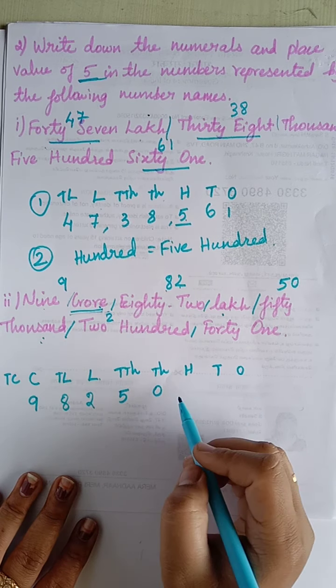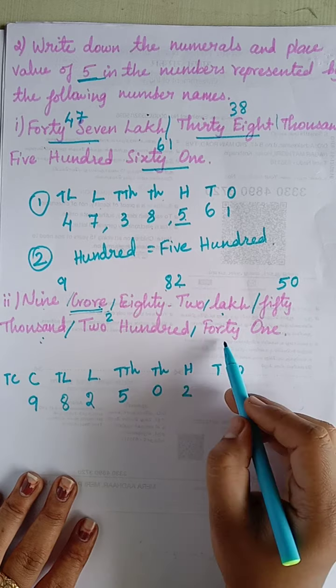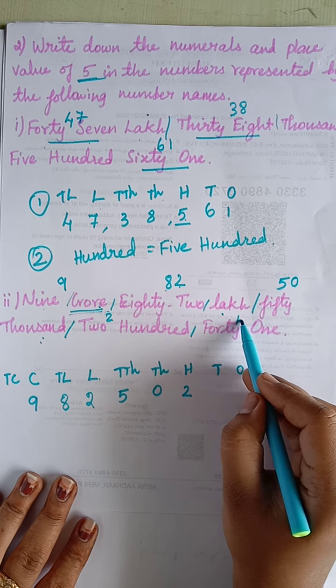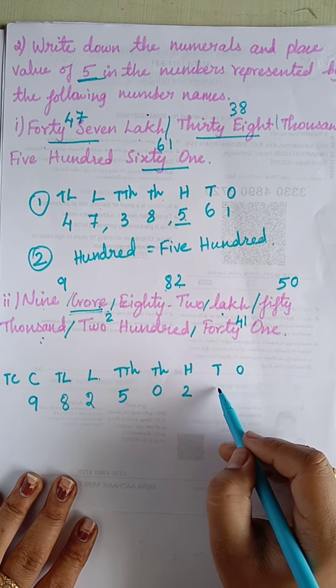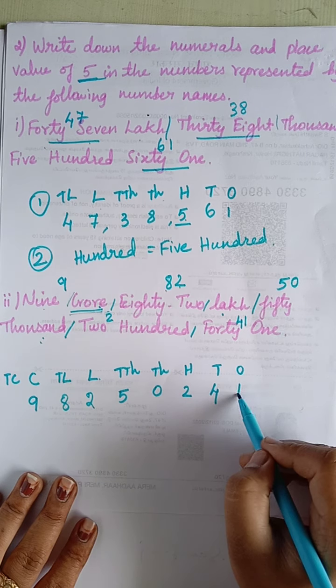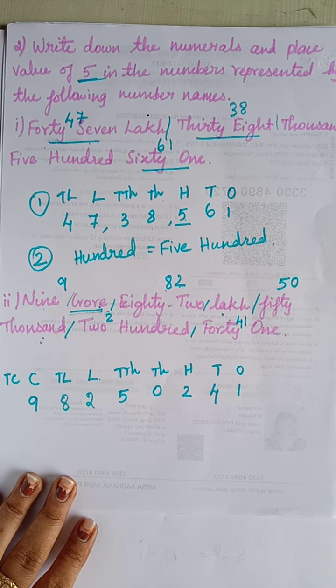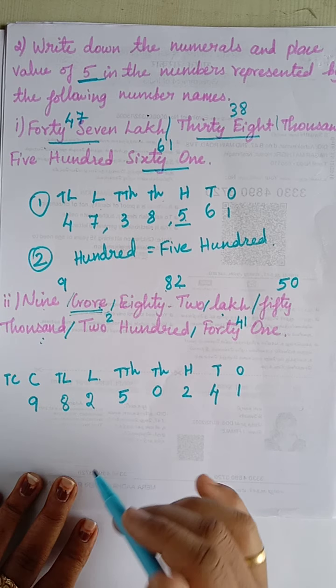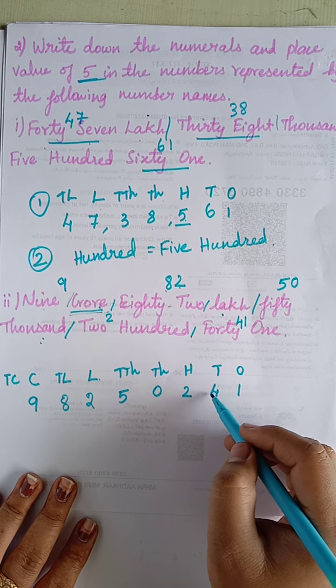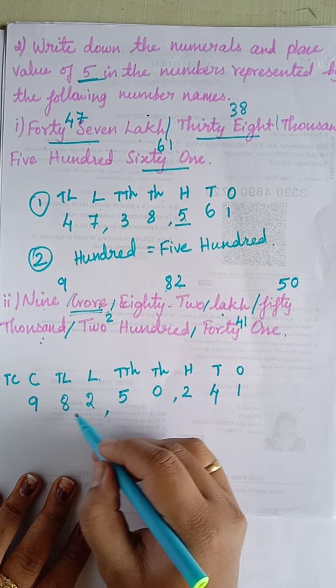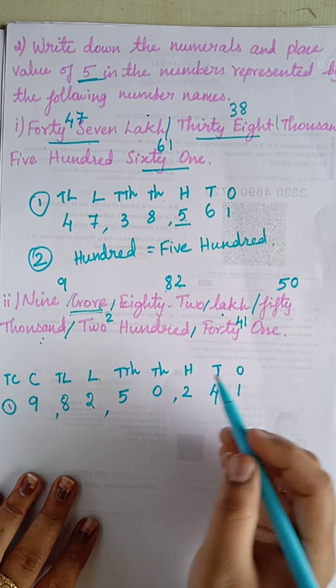So 200. 41 எப்படி எழுதுவீங்க? 41 னு எழுதுவீங்களா? So இங்க என்ன வரும்? Remaining 41. Clear? So you have to split பண்ணி பார்த்துக்கோங்க. Place values நம்பரையும் நீங்கள் split பண்ணி பார்த்தீங்கன்னா you will get the answer easily. So next we have to put comma 1 2 3 comma 1 2 comma 1 2. So first question is completed.